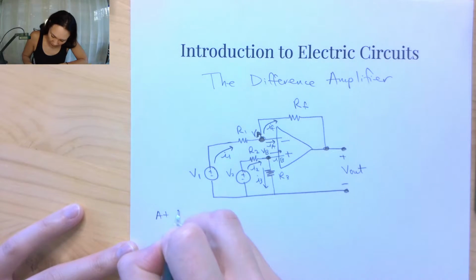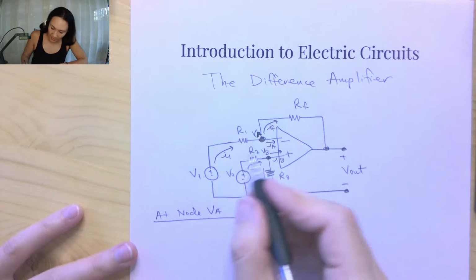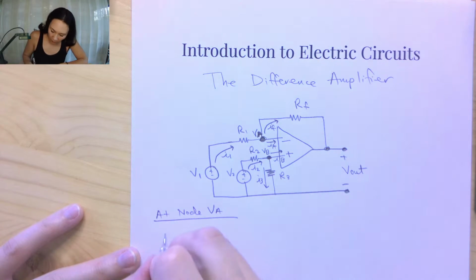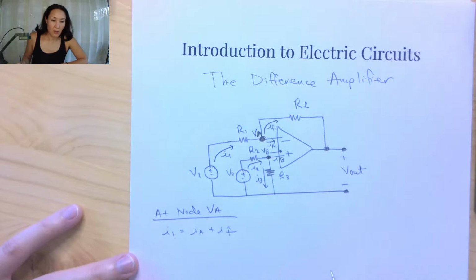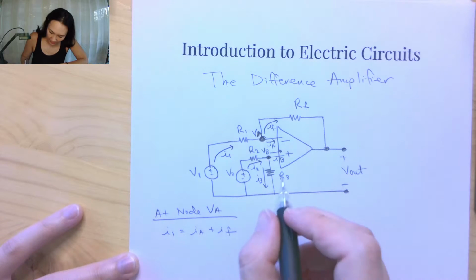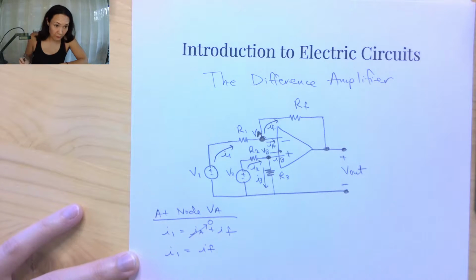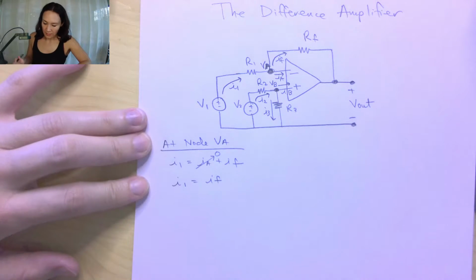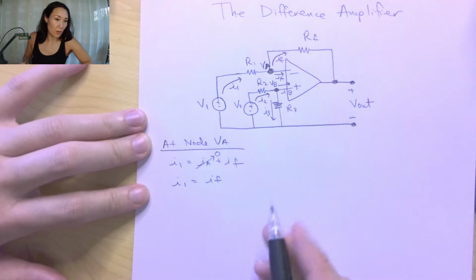First, at node VA, so this top node right here, by KCL, the current equations that I have are I1 comes into the node, and IA and IF go out. But by the ideal op-amp approximations, I know that IA is equal to IB is equal to 0. So this thing is actually going to be 0, and I'm just left with I1 is equal to IF. Now what I get to do is I'm going to replace my current equations with an equation in terms of V and R using Ohm's law.